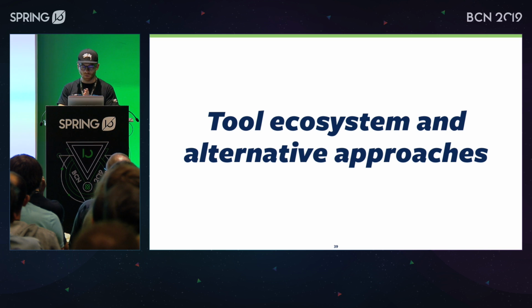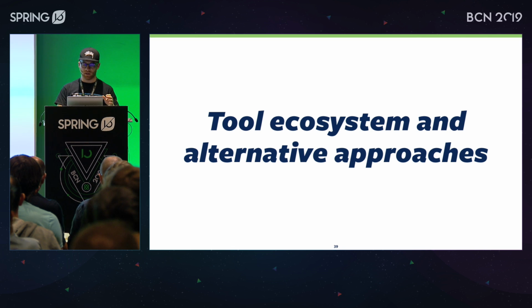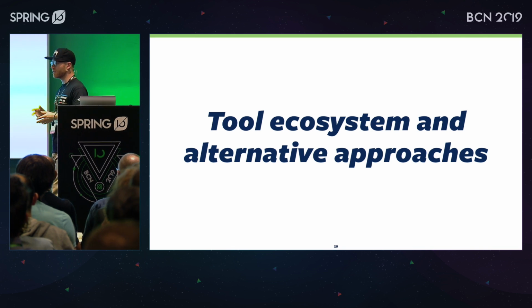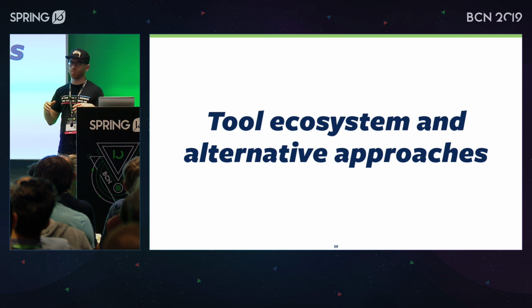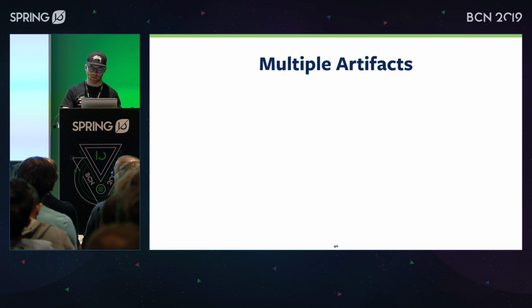All right. So what kind of context does Modulith now live in? Because it's not the first time that someone tried to put some structure in place in these systems.